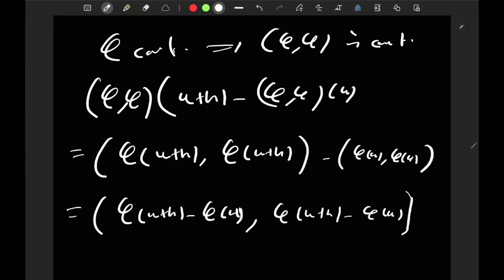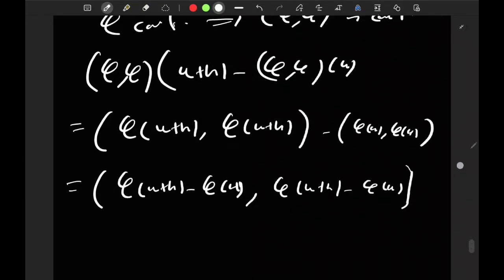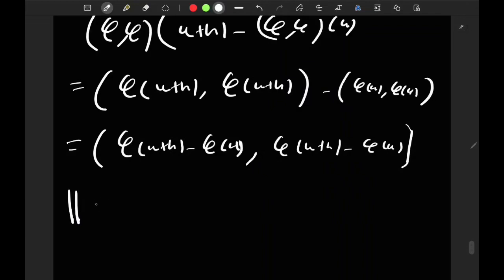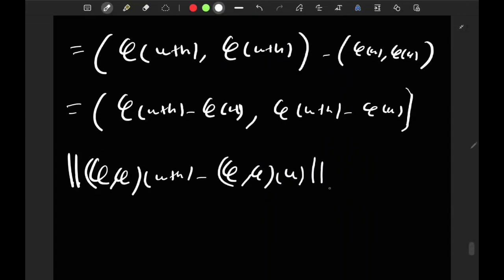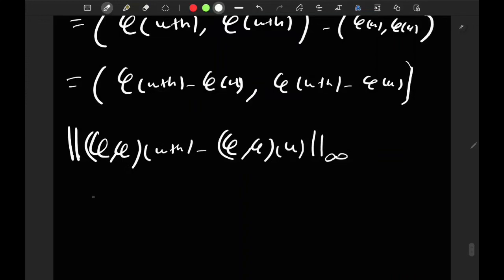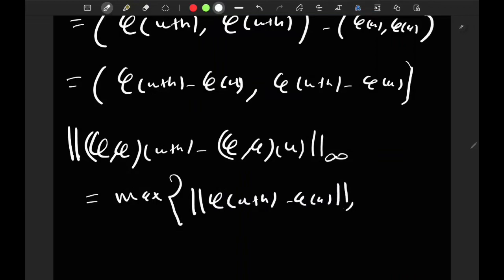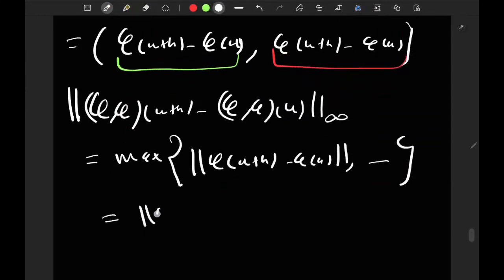And whichever norm you take on the product, let's say you take the maximum norm, the norm of phi of u plus h minus phi of u, in the infinity norm, the maximum norm, is going to be the maximum between the norm of the first component, phi of u plus h minus phi of u, and the same thing for the second component, the norm of phi of u plus h minus phi of u.